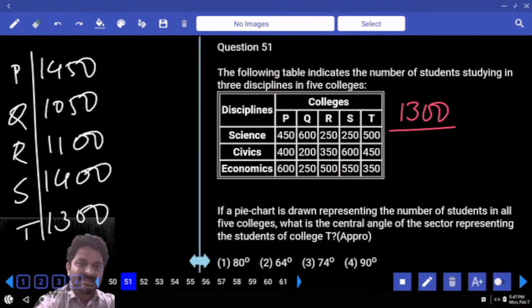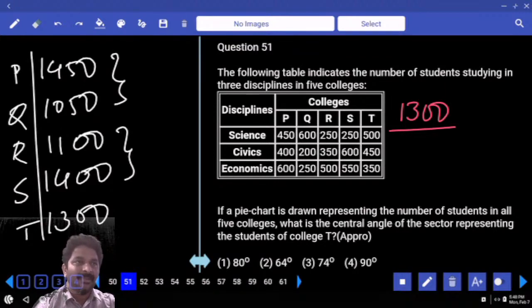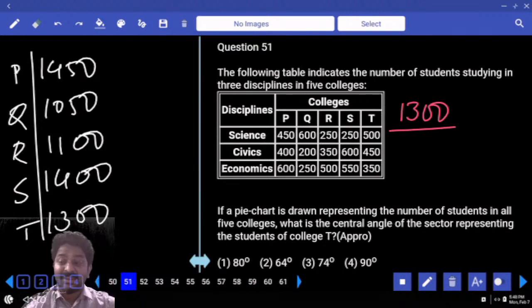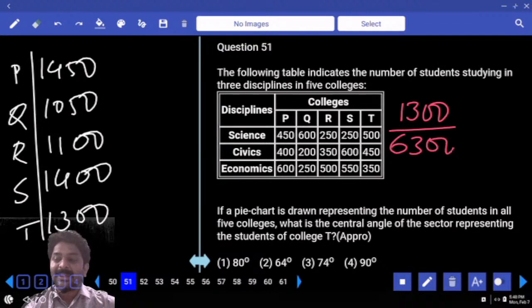All colleges in the sense, when you add these two, you get 2500. Again 2500. 5000 plus 1300, 6300. Right. If you are asked to calculate percentage, we can multiply it with 100. But we were asked to calculate in terms of degrees, so we have to multiply it with 360.